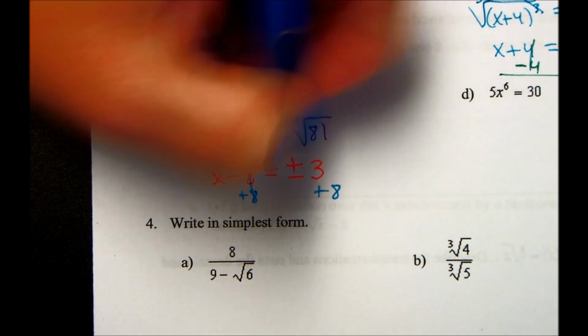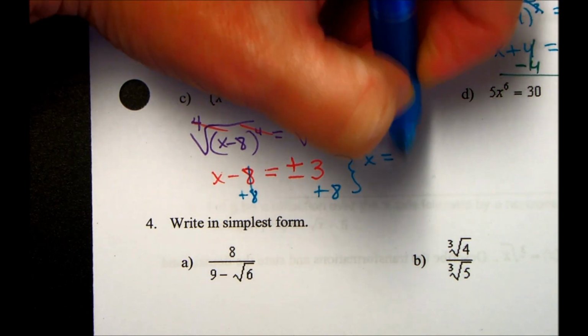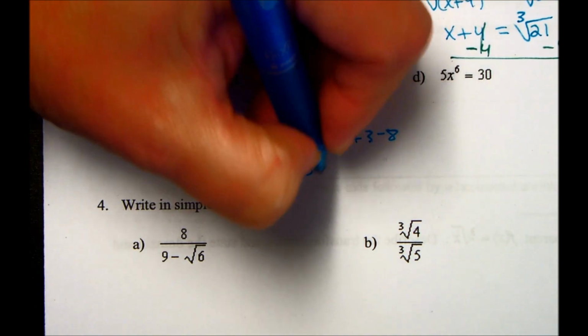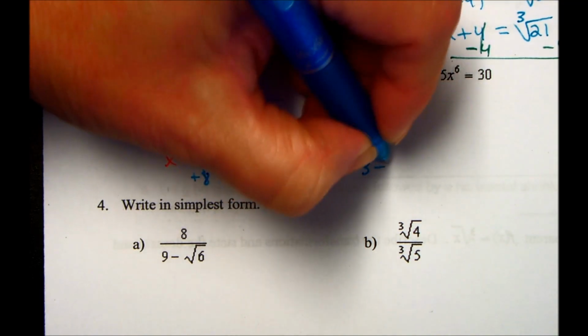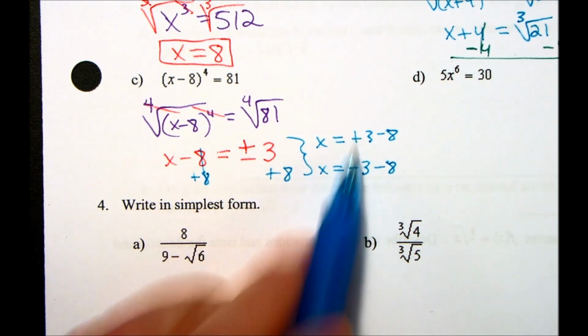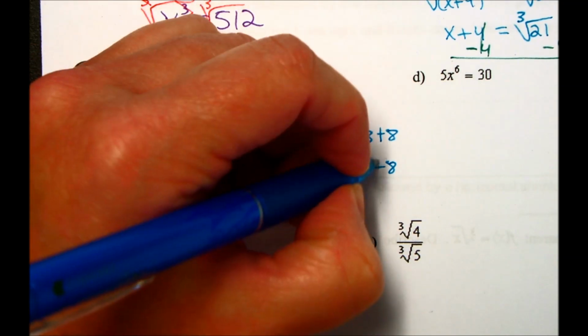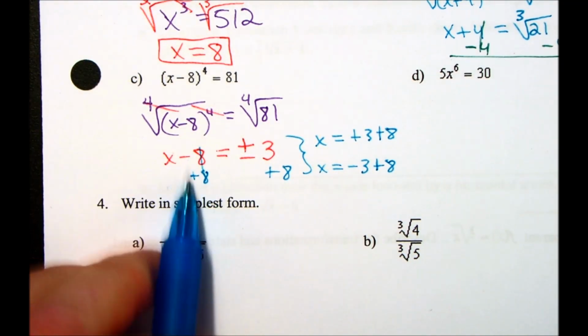So when you're simplifying this, you're going to have x equals positive 3 plus 8, but you're also going to have x equals negative 3 plus 8. So that positive and negative 3, I'm going to separate. Because we were subtracting it here, we add it here.